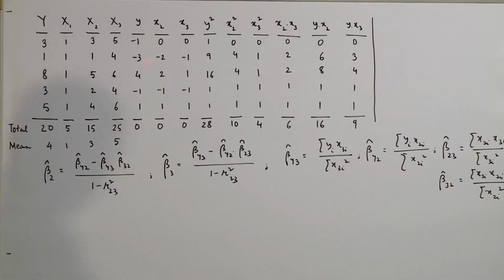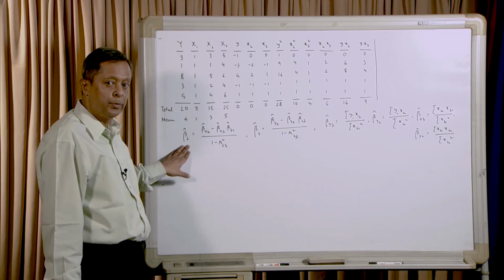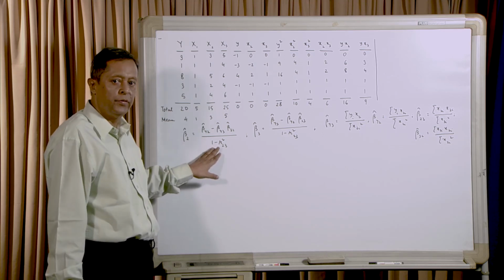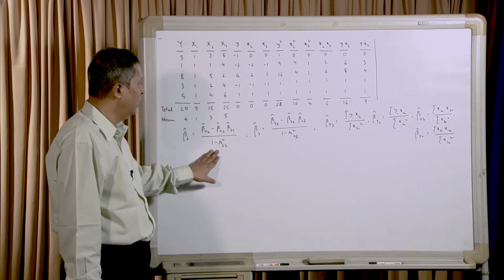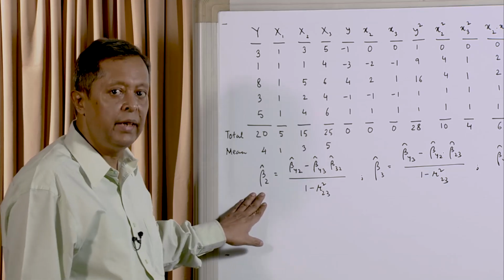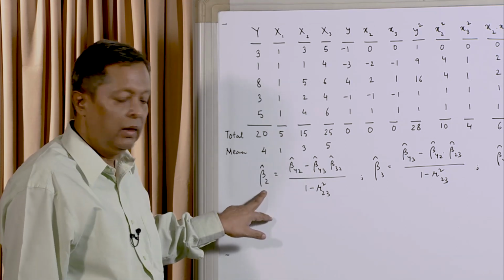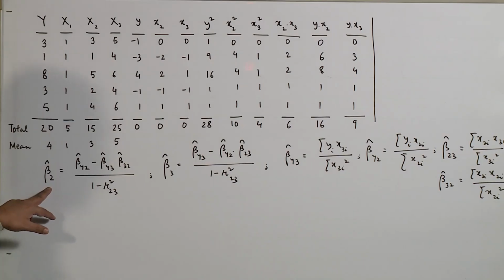Viewers, now we will take a look at the computations from the data that will show the relation between the regression coefficients obtained from the multiple regression on the one hand and the regression coefficients from the simple regressions on the other hand. These formulas are already familiar to you. Beta 2 hat is the coefficient of x2 in the regression of y on x2 and x3.